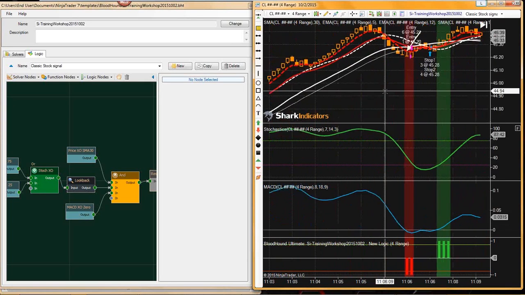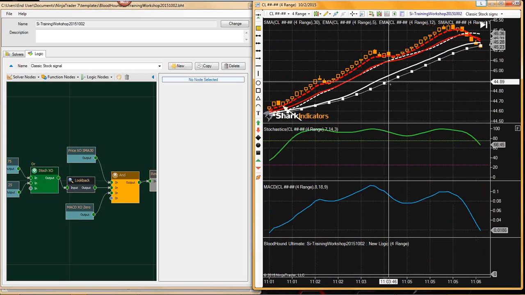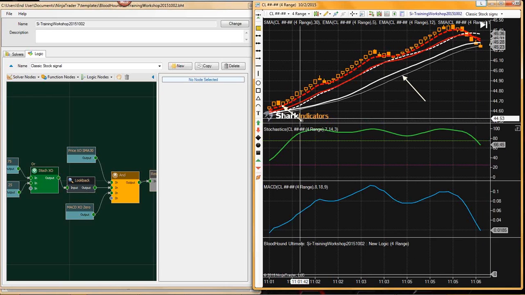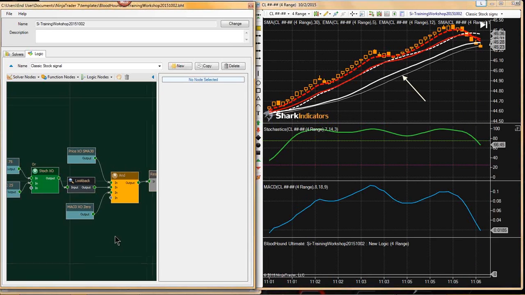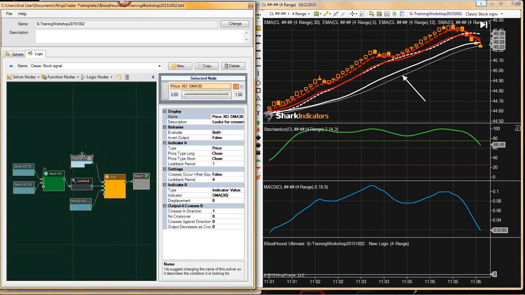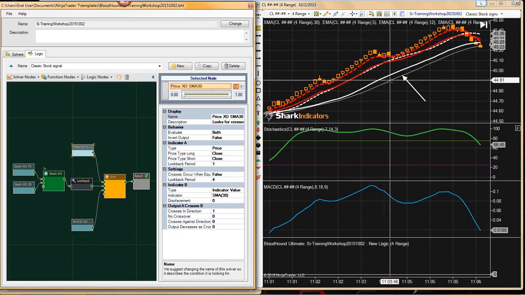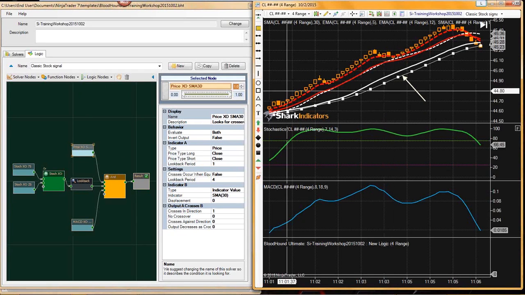Here we go. So remember the thin white line, that was our SMA 30 from the classic stock signal. If we look at the system here, when we were looking at the SMA 30 and comparing it to price, that only required one solver.